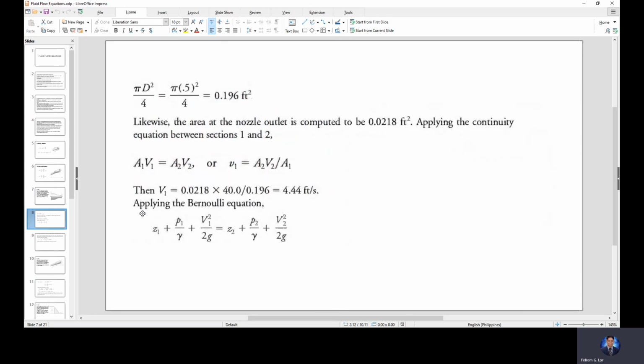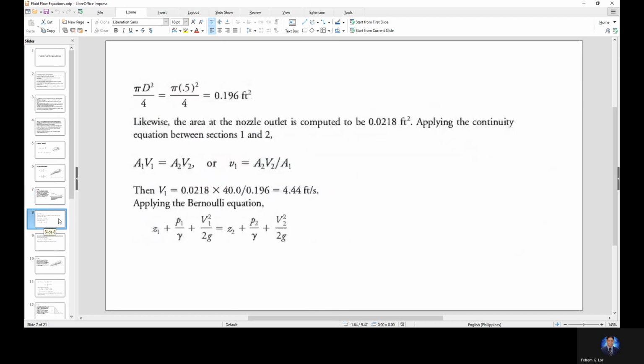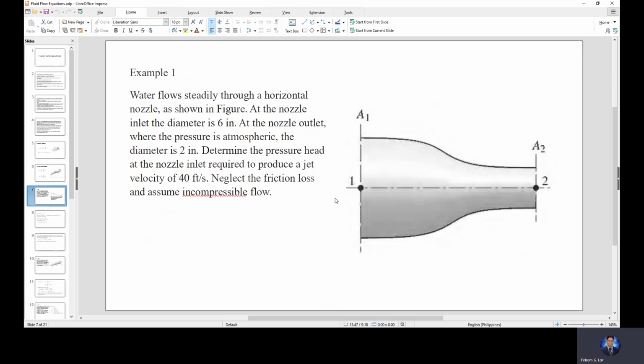So, solution. First, we need to determine the area, based on the given diameter. I think I'll try to solve the area.